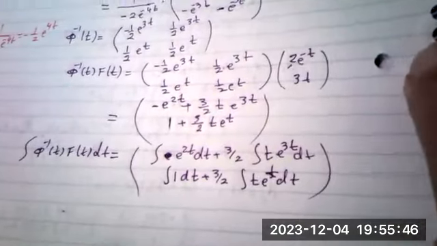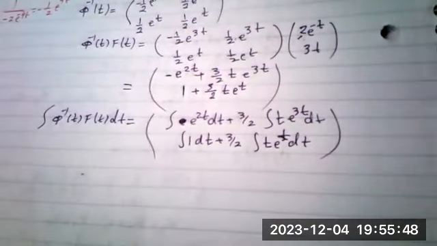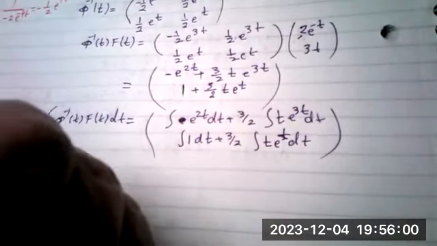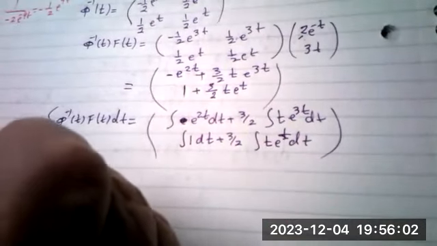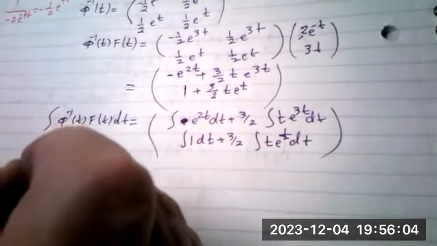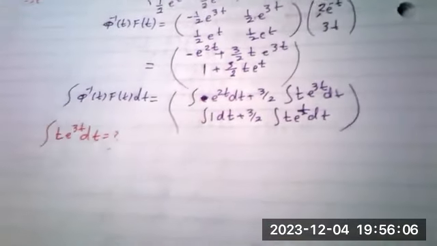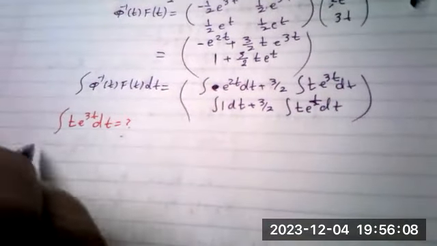Okay, so you have 2 mild integrations by parts. You can use the table to do it if you like. They are easy integrals even if you don't want to use the table. I'm going to find this one first.